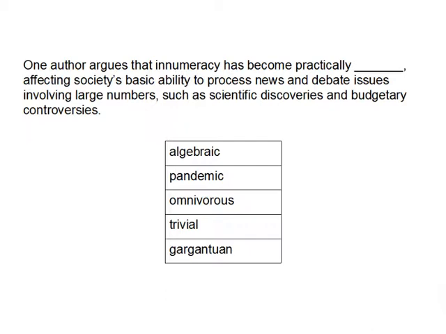We might say widespread, but we want something even bigger than widespread. We might say universal, we might say everywhere, or we might come up with a good word like epidemic. Either way, we're describing something that must be very large in scale if it's going to affect society's basic abilities. Therefore, we will arrive at a correct answer of pandemic.